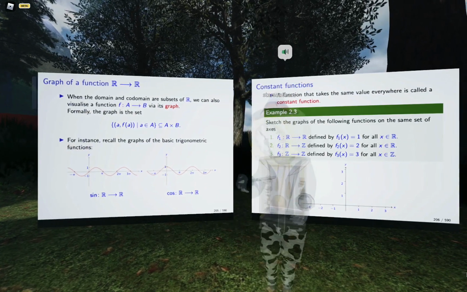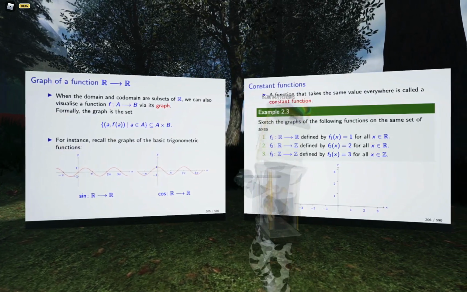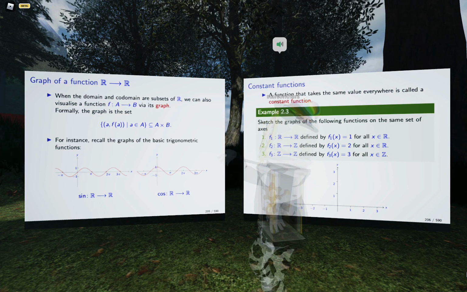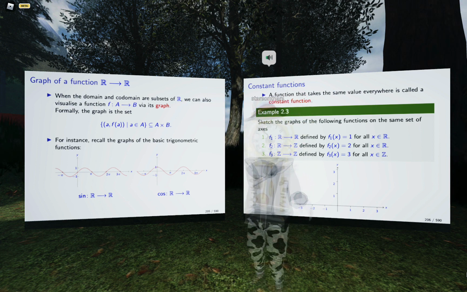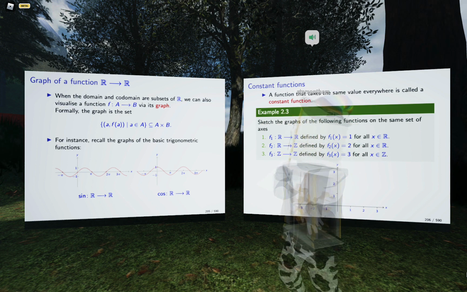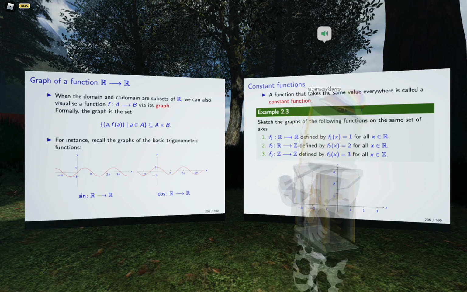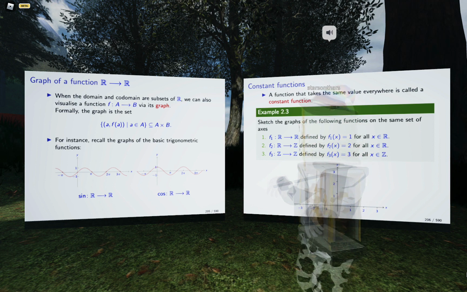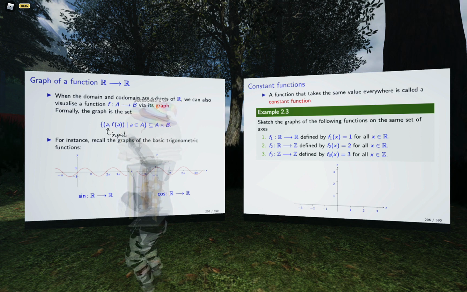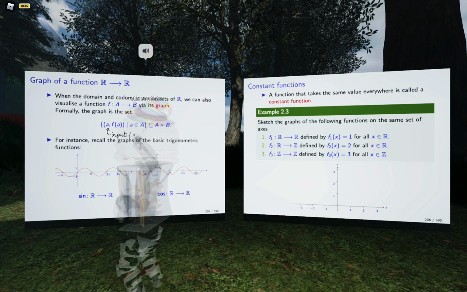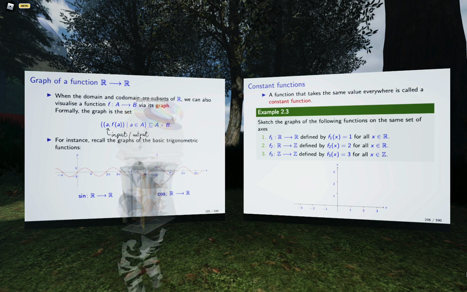Okay, so let's talk about some examples of functions. Most of the functions you're familiar with are functions from R to R. In that case, or if we're talking about functions from a subset of R to some other subset of R, we can talk about the graph. So the graph is just the set of all input-output pairs, right?